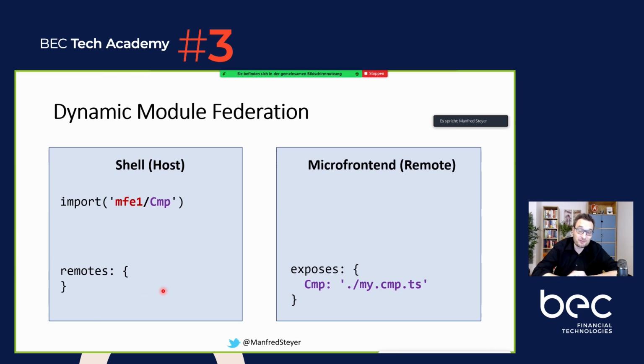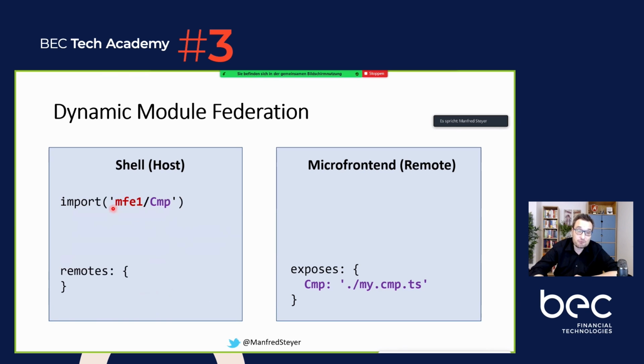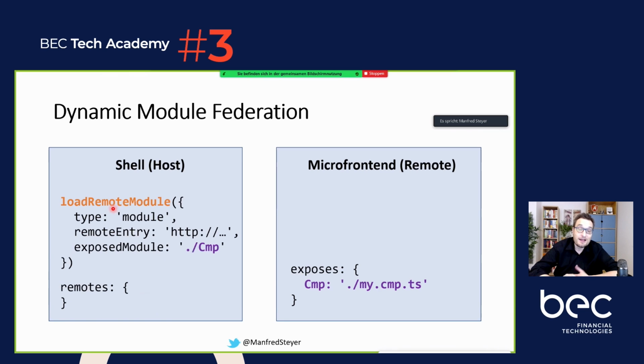And that's totally possible. Everything you need is a helper function, a drop-in replacement for import, a helper function that is using module federation at runtime to grab something from over there. Here you see, it gets all the key data to identify the application over there and the ECMAScript module here, to load.